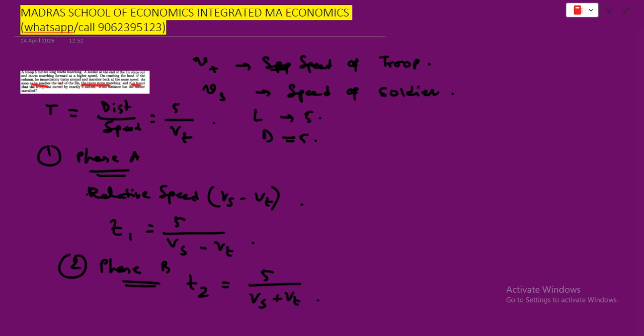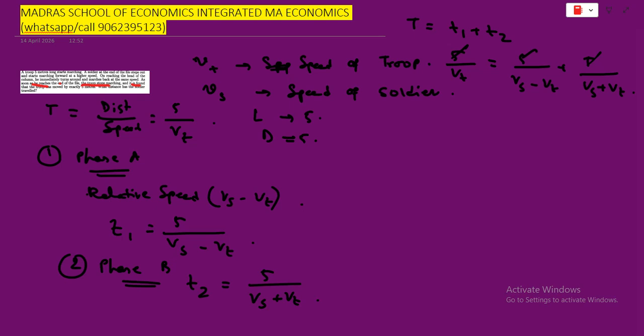Now the total time, capital T, will be T1 plus T2. So let's plug in. 5 by Vt equals 5 by Vs minus Vt plus 5 by Vs plus Vt. Now cancel out the 5.